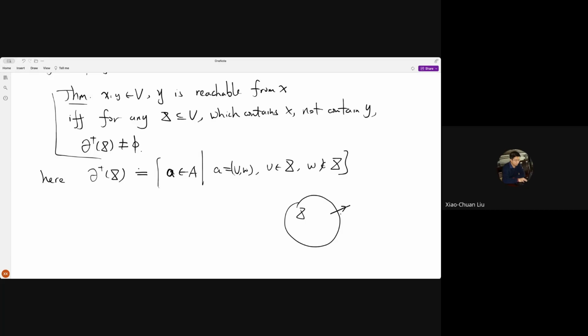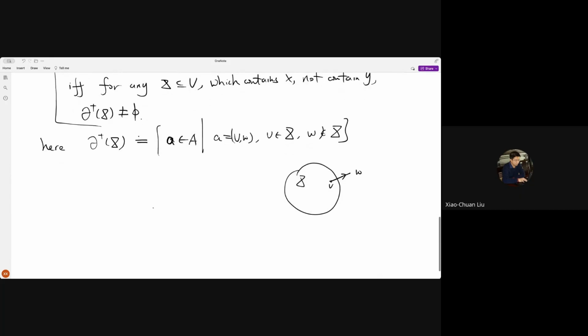So you have an arc like this. This is V, W is not in X and V is in X. For example, if you have one vertex V, it probably has several arcs out and several in. The outer boundary is these arcs. For example, this is A1 and A2. So the outer boundary of V is just A1 and A2, right?